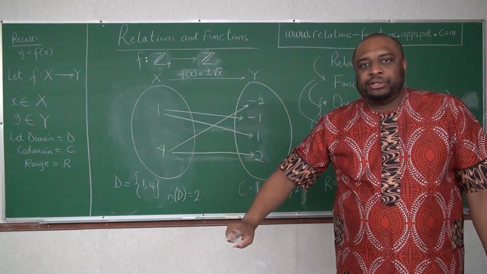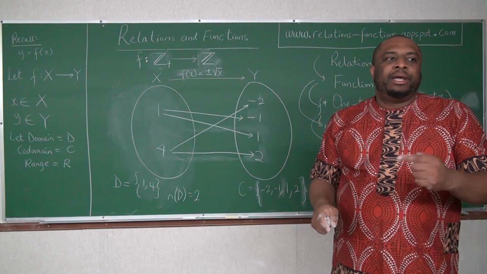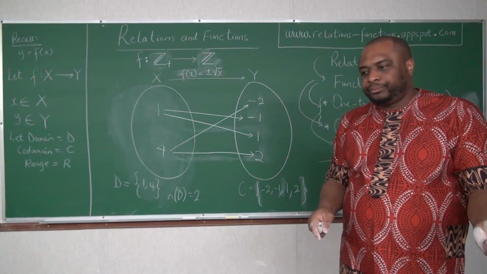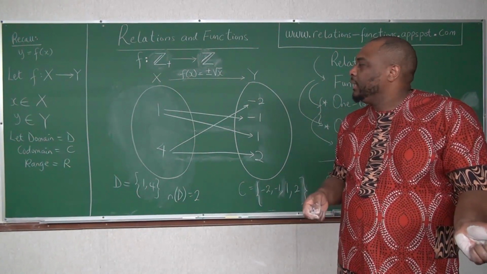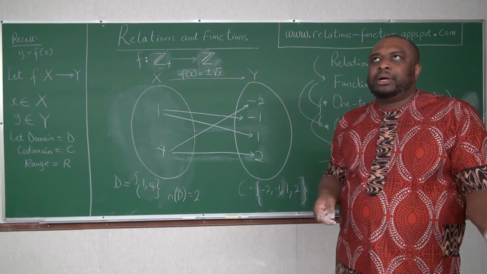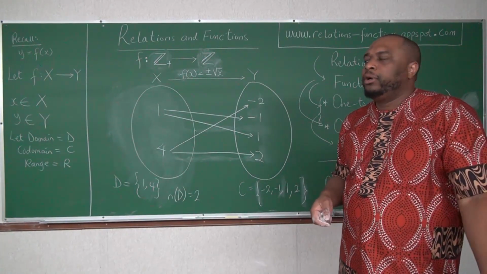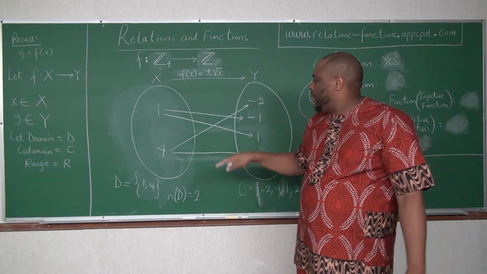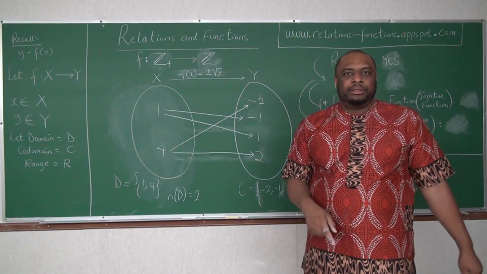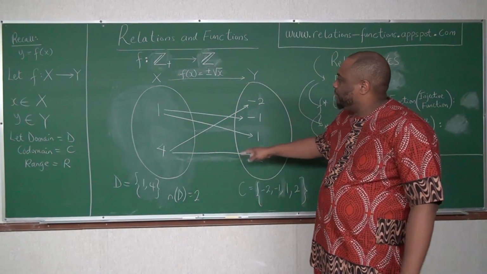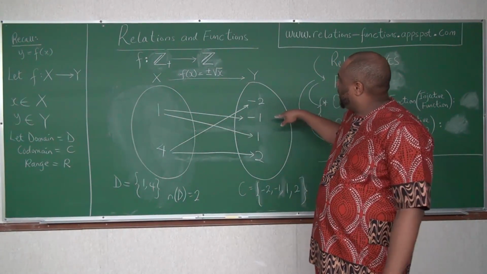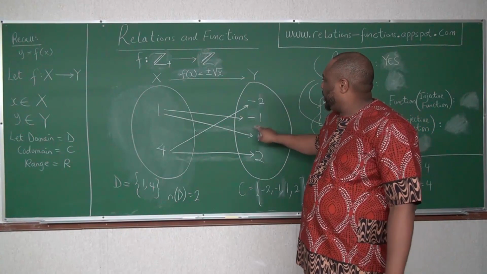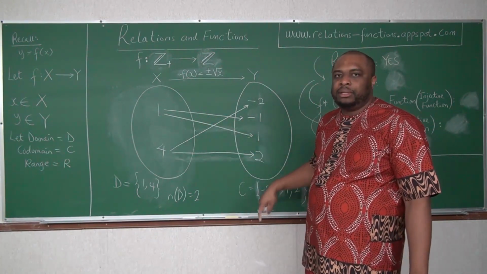With a function, some people will say the first component will not repeat. They will say the first component will not repeat because you have 1, -1, and then 1, 1, meaning that it's repeating. When you write this as a set, you have it as (1, -1), (1, 1).